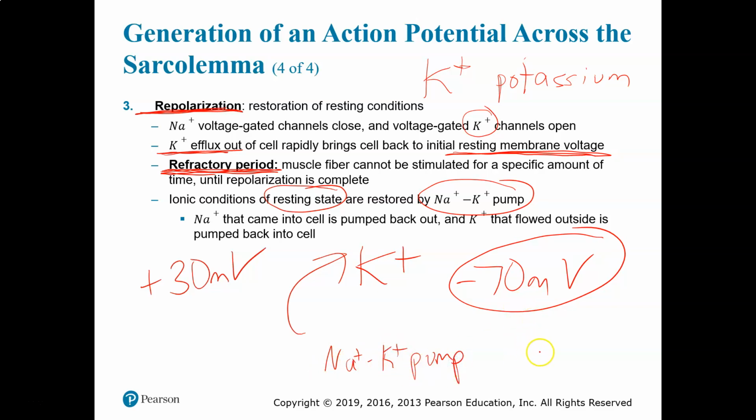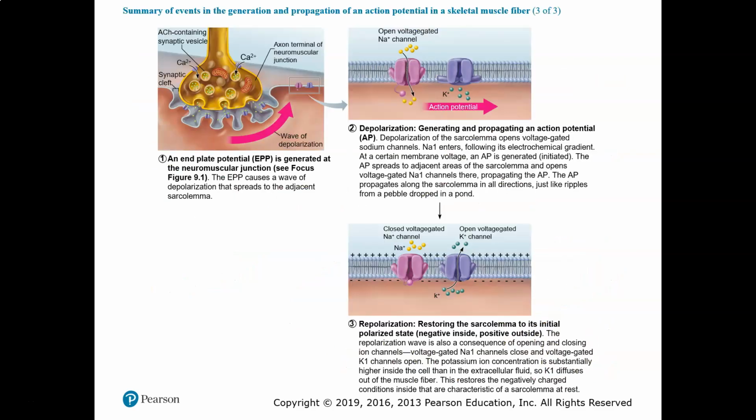What that does is continually pumps out 3 sodium ions out of the sarcolemma for every 2 potassium ions that it pumps in.